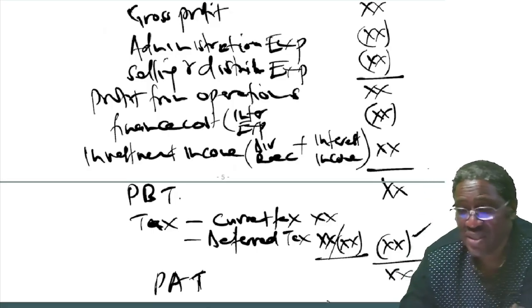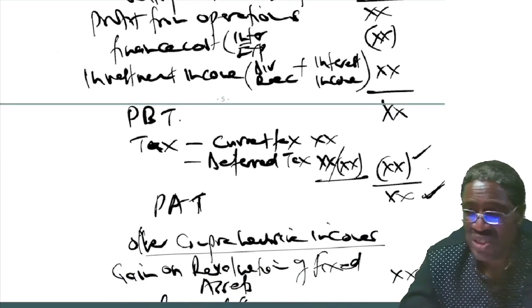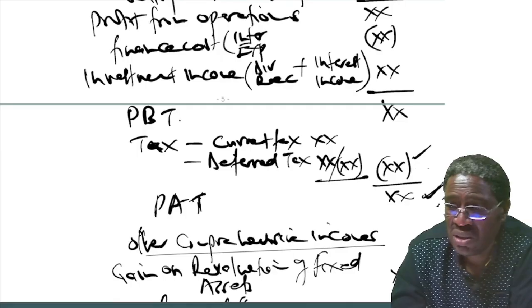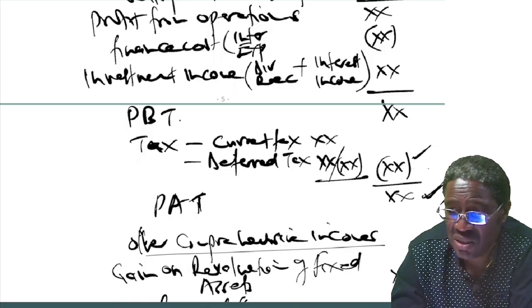Then you get the net, push it to the extreme, and deduct that net amount from the profit before tax. Then you get the profit after tax.